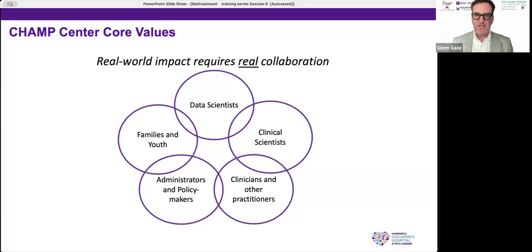And in the Champ Center, we're certainly working with a broad range of people to be able to do this. So it's not only data science, clinical scientists, clinicians, administrators, policymakers, youth, families, everyone who has a stake.